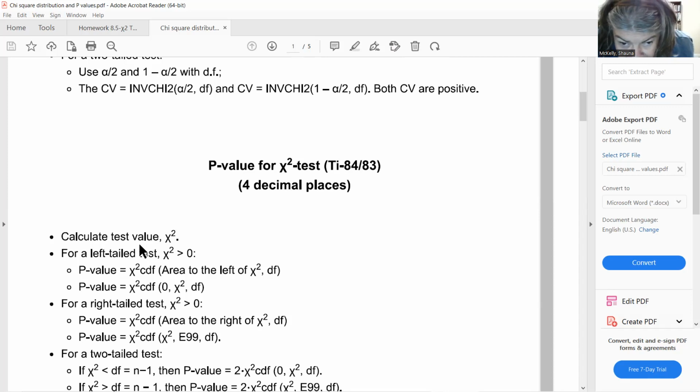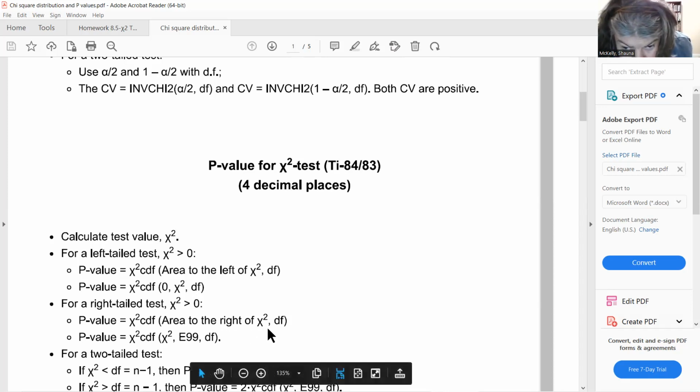For a left tail test, chi-squared is going to be greater than 0 because they're all positive, but you're going to use the area from 0 to whatever your chi-squared value is and the degree of freedom. For a right-tailed test, you're going to be going from chi-squared to infinity with df.